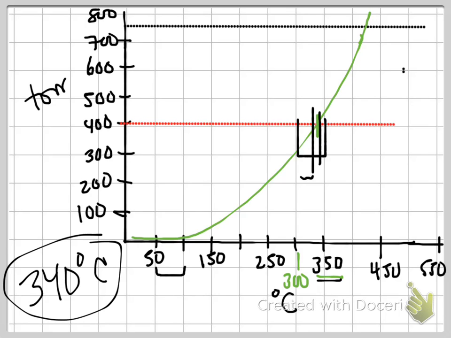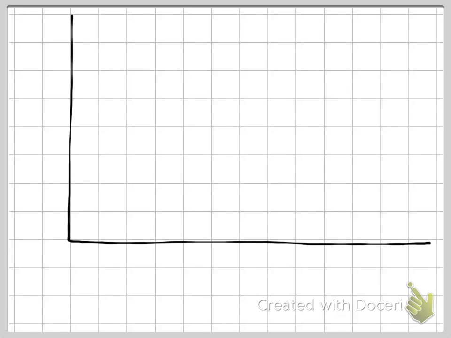Now you will see some graphs on the ACT, and I've got one that comes up someplace, and I can't remember where, that have variable scales. The marks between here, it's very often a logarithmic scale, and they aren't the same. We see it on the pressure graphs. So this might be 1, and this might be 10, and this might be 100.